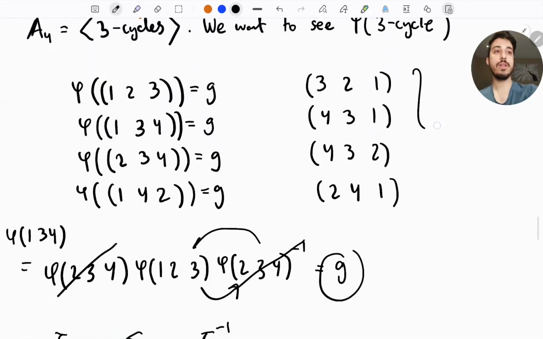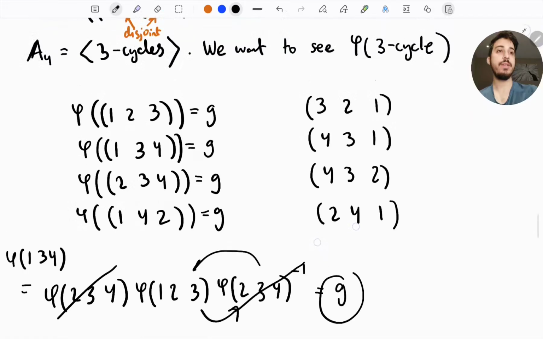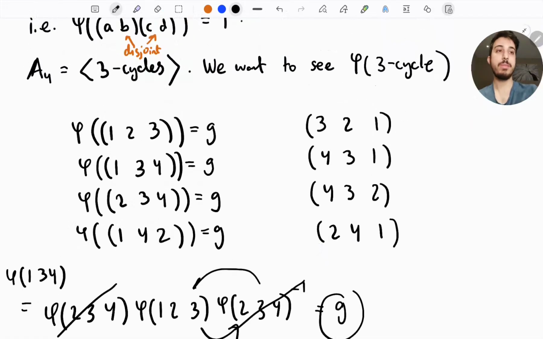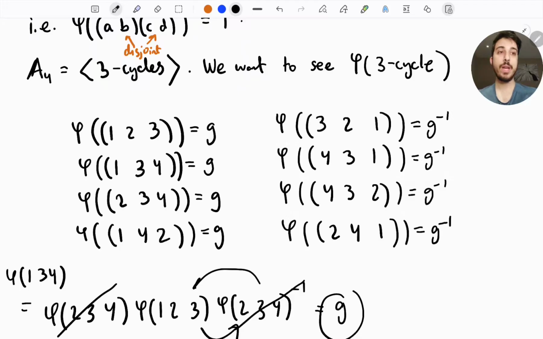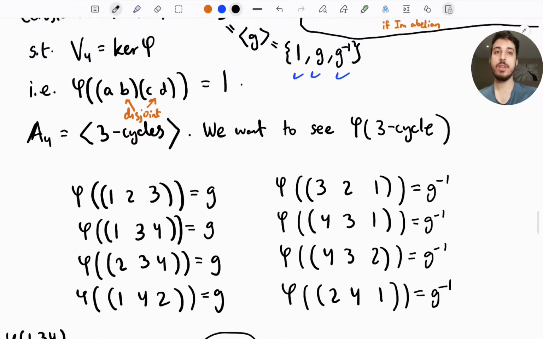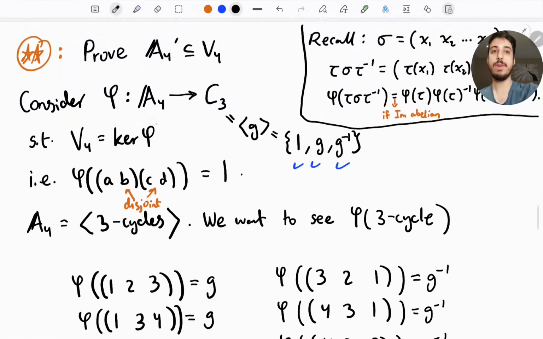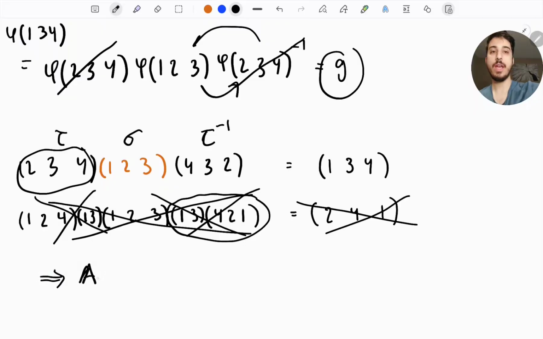So these all cannot be equal to G. And therefore, the only other possibility is to be G inverse. So phi of these elements is equal to G inverse. And now we have completed our construction of phi. And phi indeed is a homomorphism. And we can say with confidence that we can now use the lemma that says that since V4 equals the kernel of phi and A4 prime is a subgroup of the kernel, we have that A4 prime is a subgroup of V4.